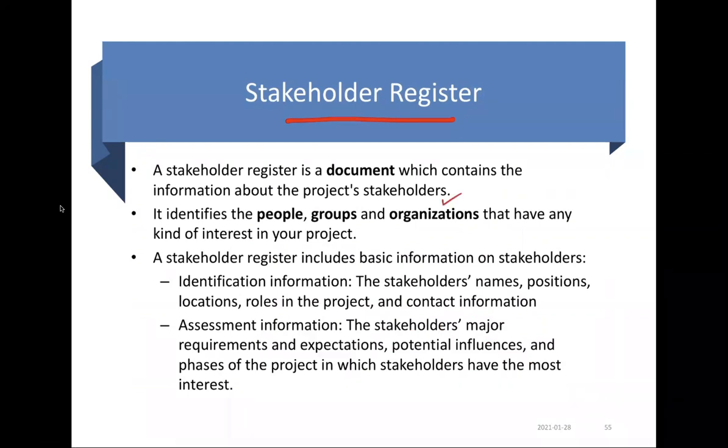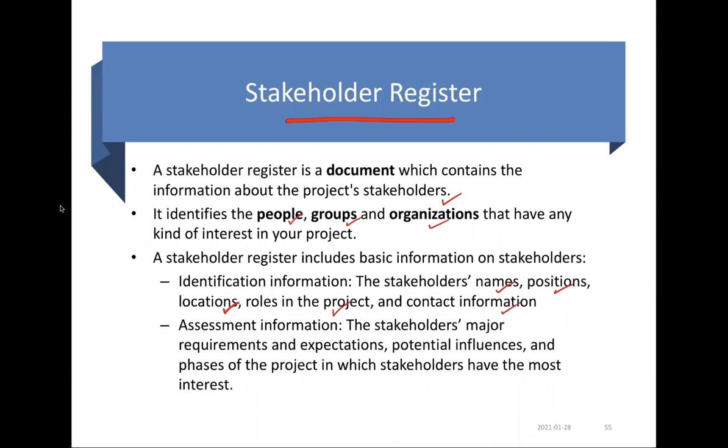It identifies the people, groups, and organizations that have any kind of interest in your project, whether they are primary or secondary stakeholders. A stakeholder register includes basic information on stakeholders, including their names, positions, locations, role in the project, and contact information.